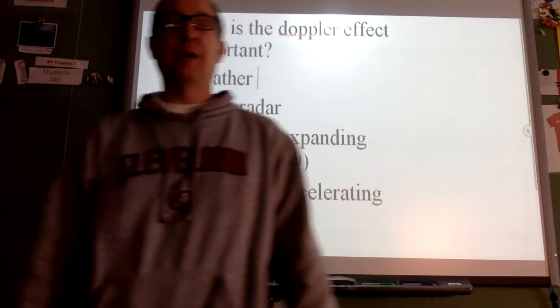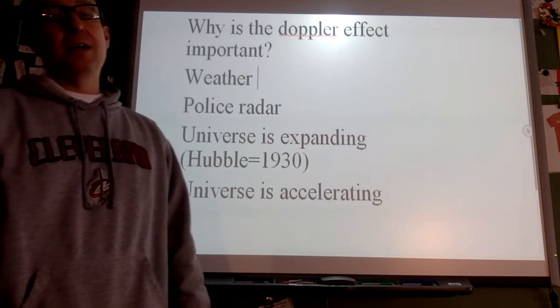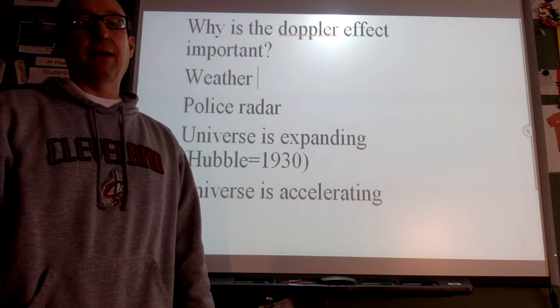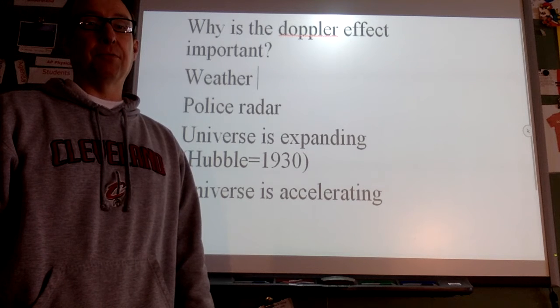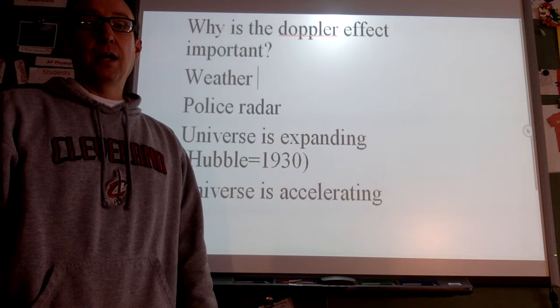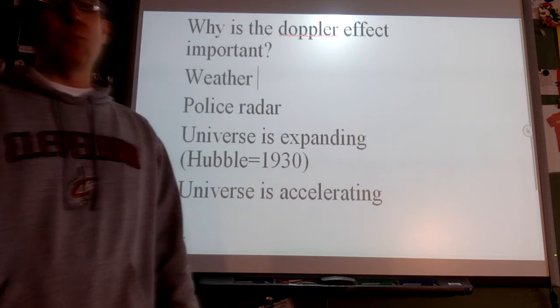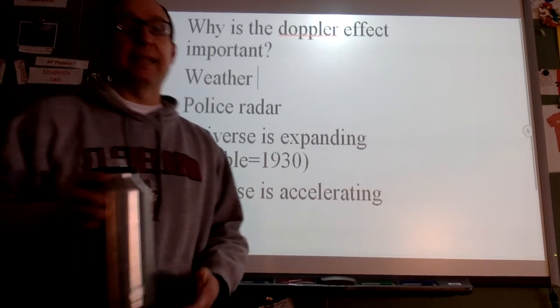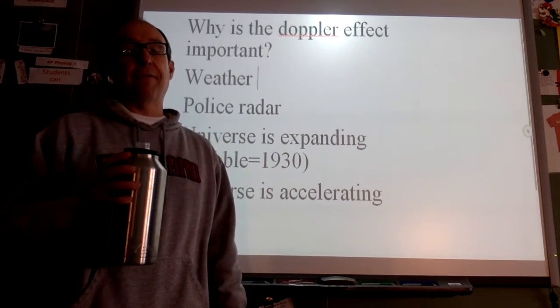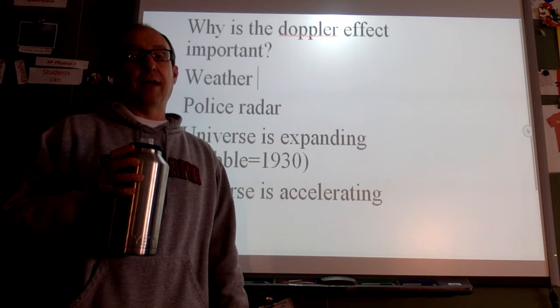Originally, Hubble, and he gets credit for this, and the more it's coming out, he shouldn't get credit anymore, that he stole other people's work, but so is science. He studied a bunch of galaxies, and he was trying to see whether these galaxies were moving towards us or away from us, or whether everything was static.